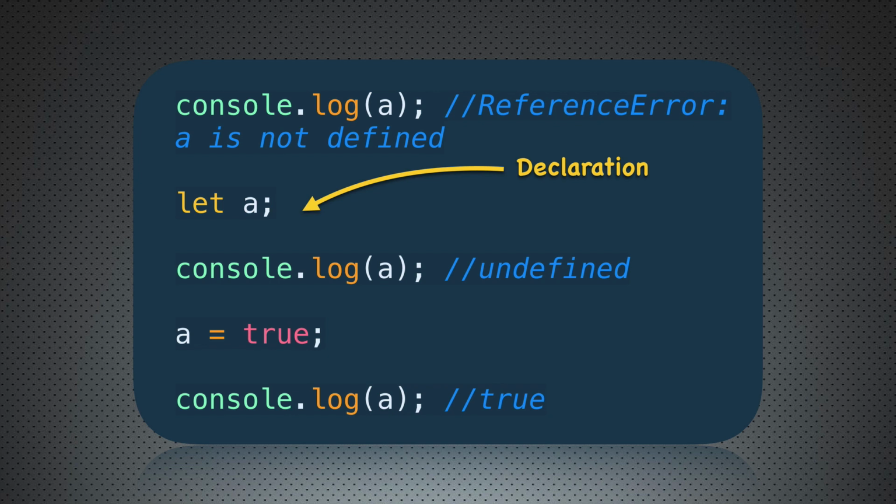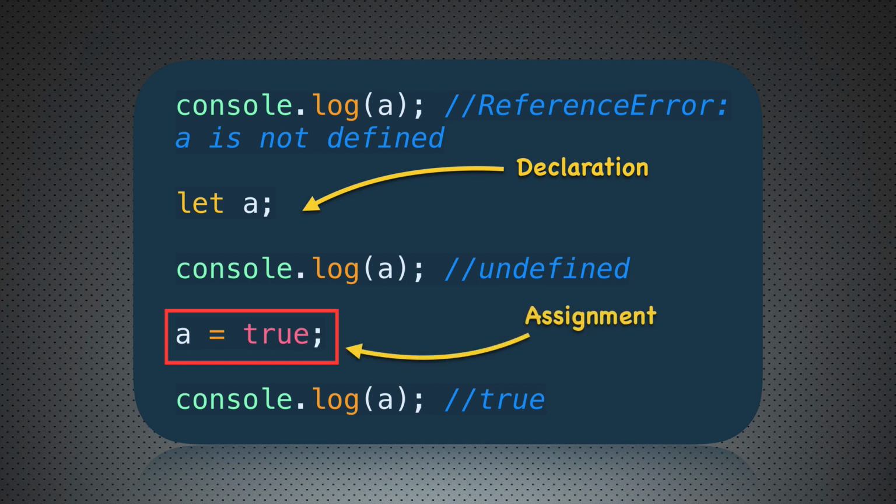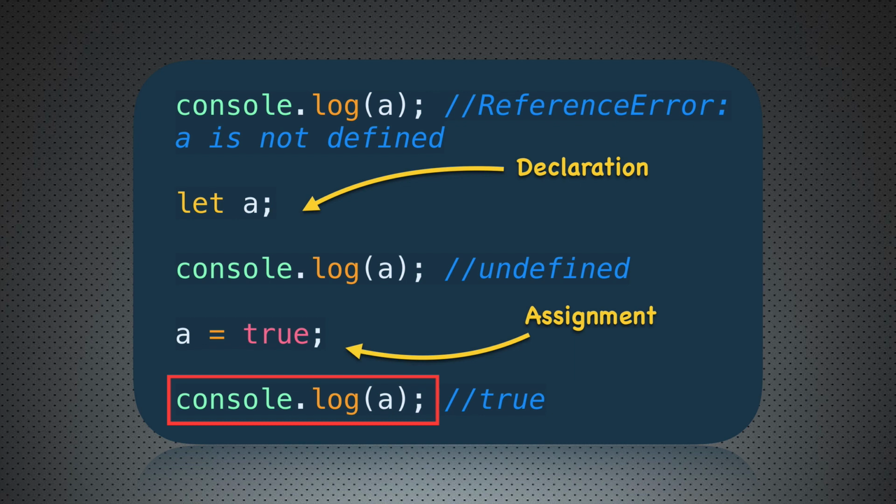As soon as variable a was declared, it got internal value undefined. And if you assign value to the variable a, in this example we assign value true to the variable a, and after that try to log to the console value of the variable a, you will get finally true. Because now variable a is declared and assigned.